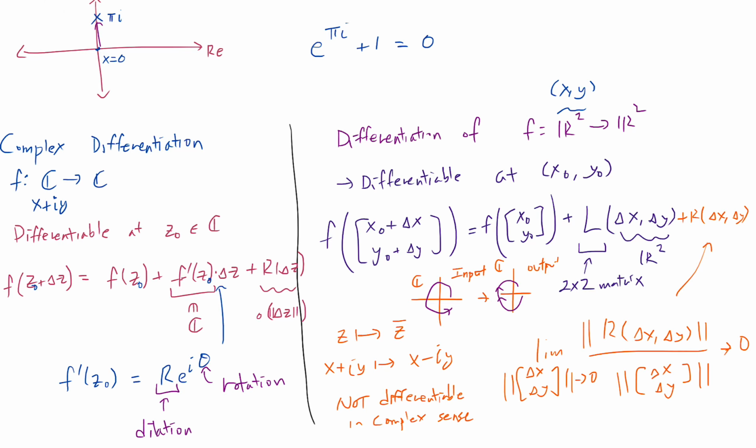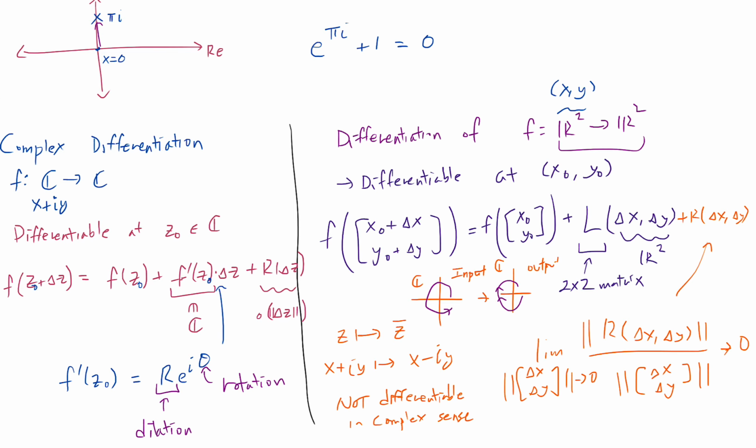So this is not complex differentiable, whereas it is certainly differentiable as a map from R2 to R2. This is a linear map, just a reflection from the point of view of R2. So in this case, the remainder is even 0. This is as differentiable as you can be from R2 to R2, but it is not complex differentiable.